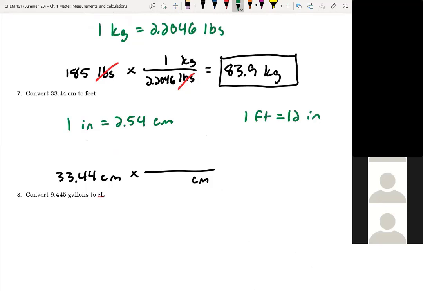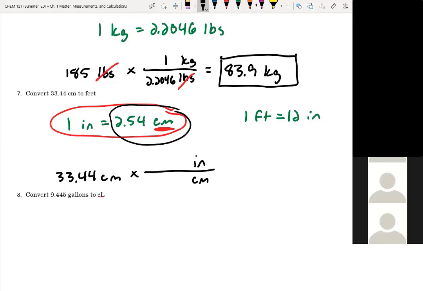Okay, so now it looks like we need to use this one in our first situation because this is the one that has centimeters in it. And this is an inch to centimeter ratio, so I'm going to put inch on the top. In addition, the 2.54 is paired with the centimeters unit, which means the 2.54 should be on the denominator with the centimeters unit, where 1 is paired with the inch unit, and therefore should be on the top with the inch unit. Okay, so now we're set up.